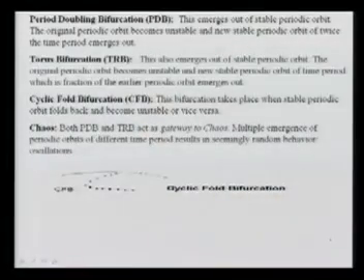So other dynamic bifurcations are the period doubling bifurcation, also called the PDB. This emerges out of a stable periodic orbit. The original periodic orbit becomes unstable and a new stable periodic orbit of twice the time period emerges. For example, if you can see here, this is the stable one, and here the period is, let's suppose, T1.